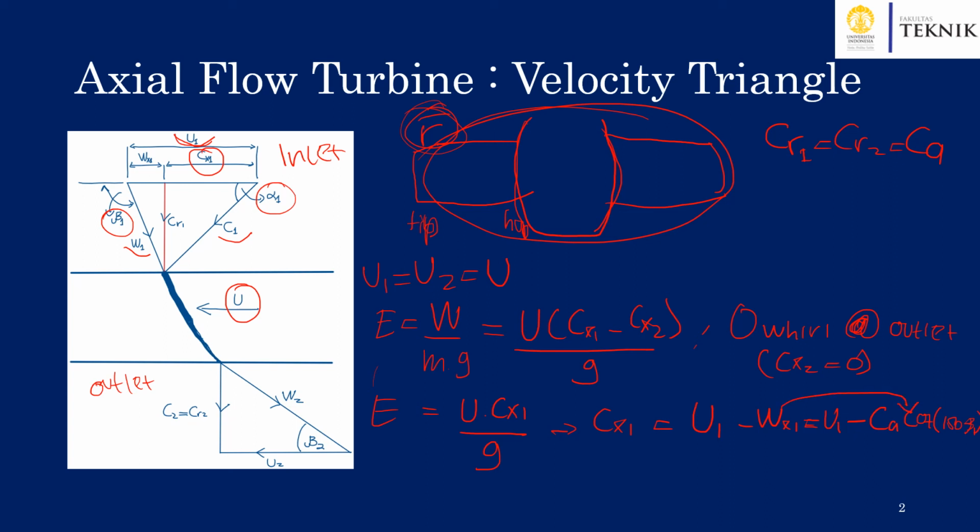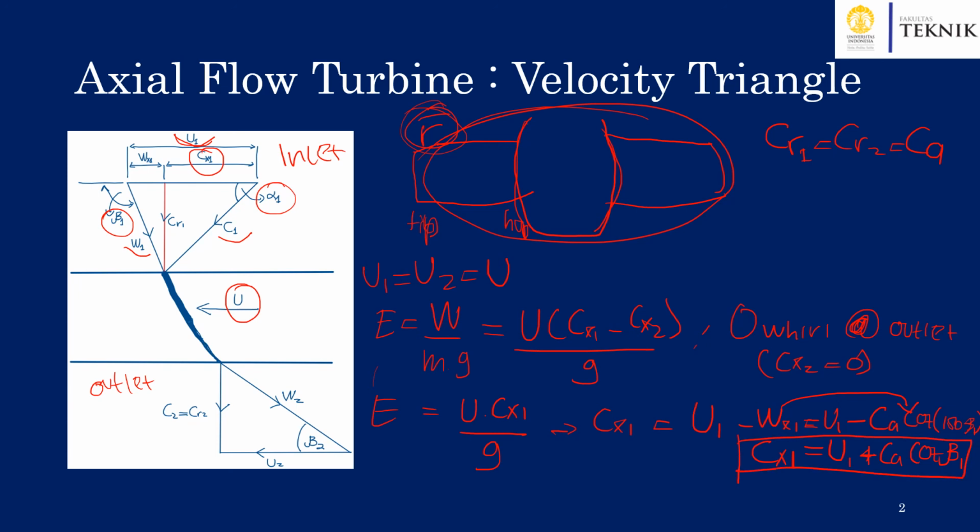Or to put it in a simpler way, it can be U1 plus Ca multiplied with the cotangent of beta 1, or the blade angle at the inlet, and this is Cx1.